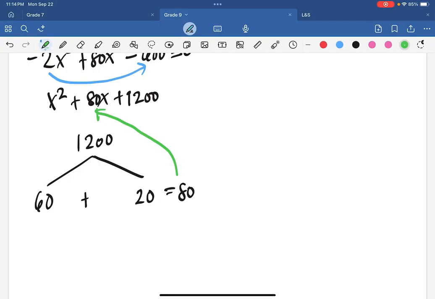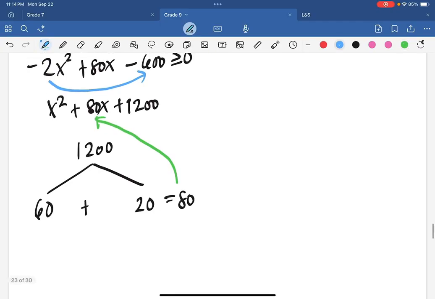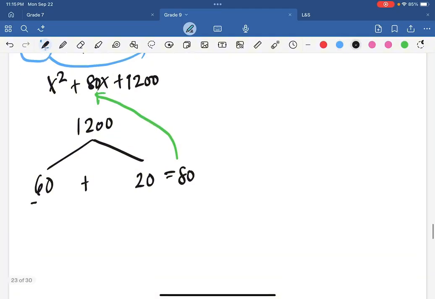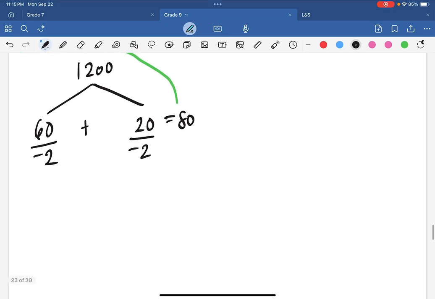But since I'm using the AC method, it doesn't stop there. We should remember that our a is negative 2, so we should divide both by negative 2. So 60 divided by negative 2 is negative 30, and 20 divided by negative 2 is negative 10.